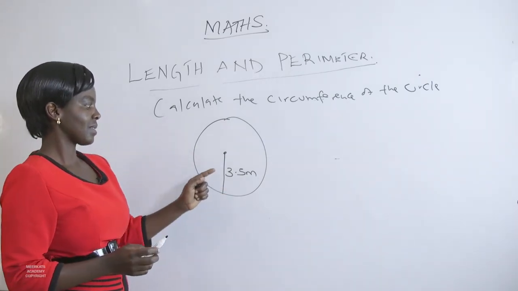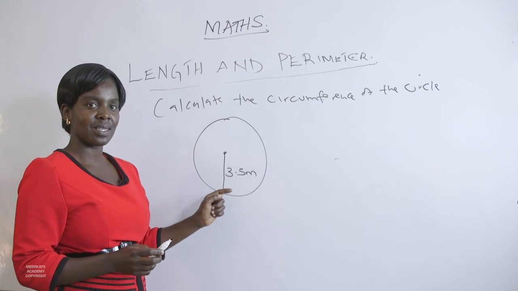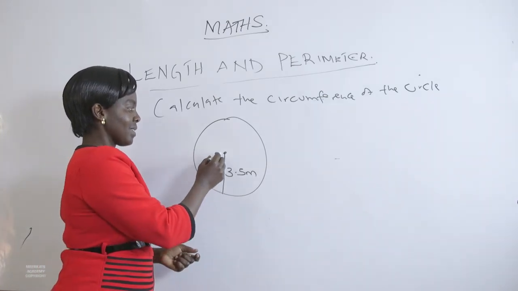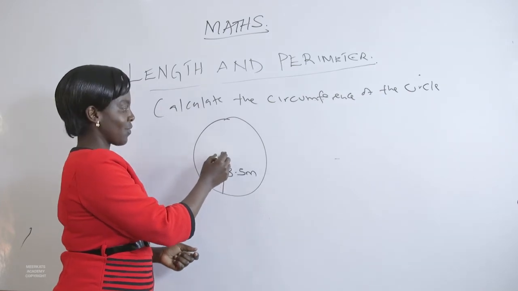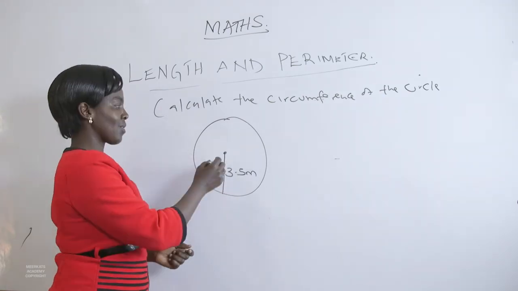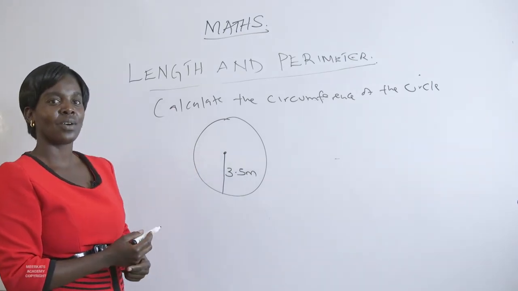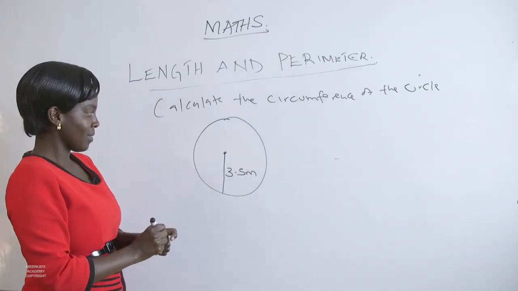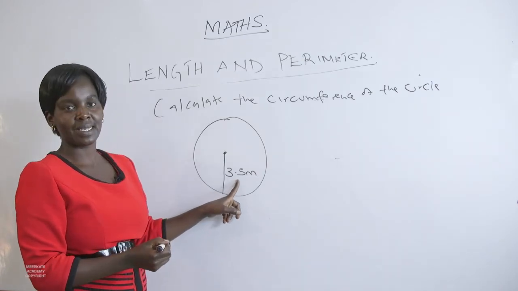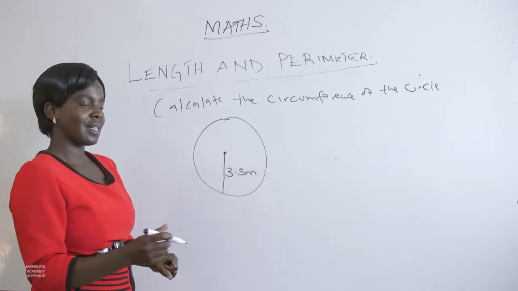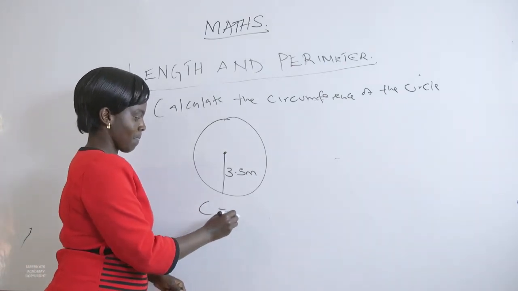The circle has a radius of 3.5 centimeters. The radius can go in any direction from the center to the circumference of the circle. So this one, though it is facing down, is also the radius. It is 3.5 centimeters.